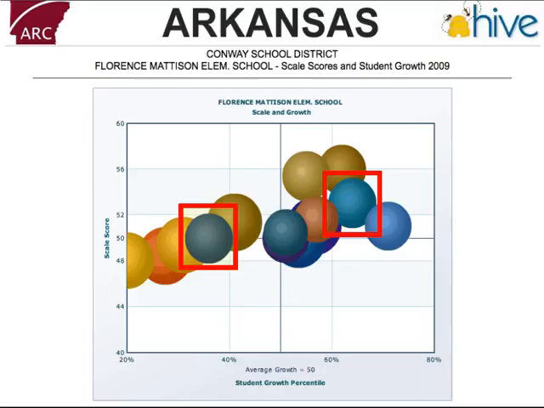In this chart, I want to point out the dark blue bubble on the left side of the chart and the teal bubble on the right. You'll notice that not only do scores in the teal bubble represent higher scale scores, but they also reflect much greater growth, 64% compared to the 36% of the dark blue bubble.